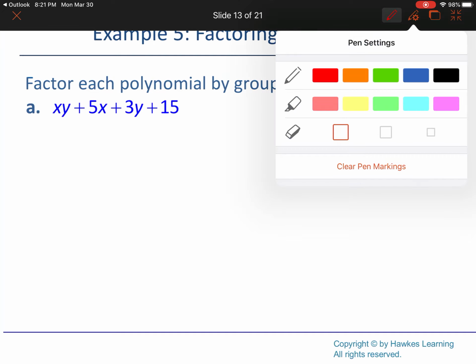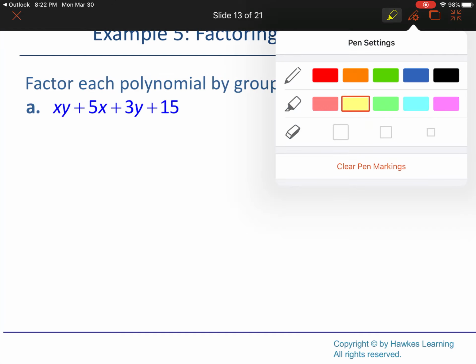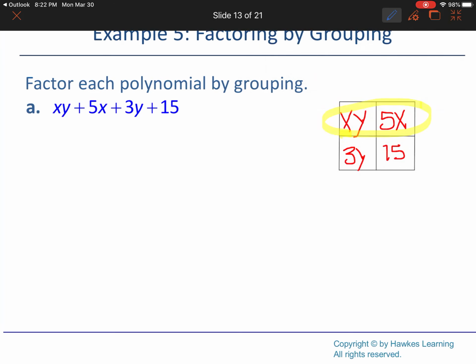But if it's not in order, what you'd be looking for is that these first 2 have something in common. Okay? So the thing that they have in common is an x.